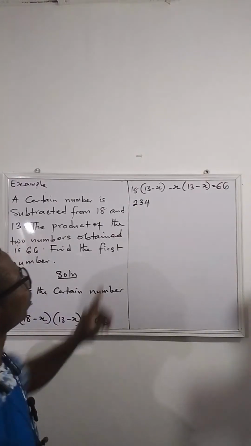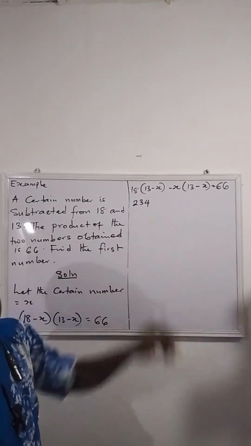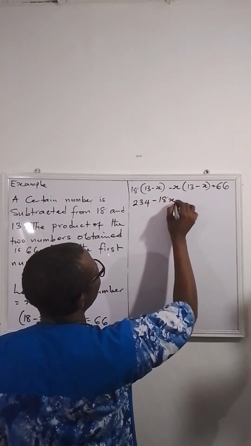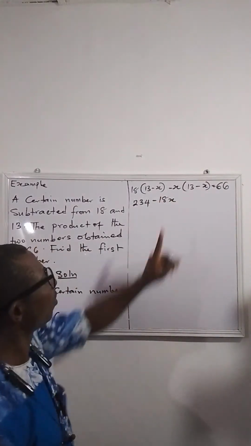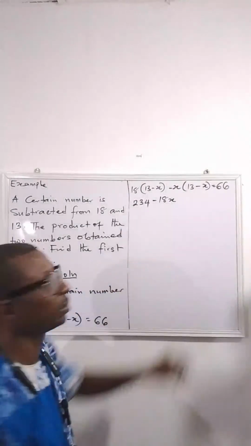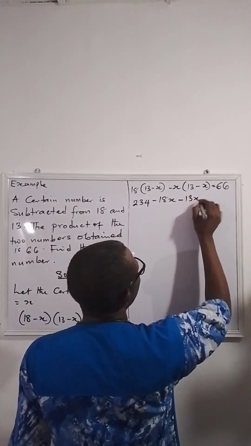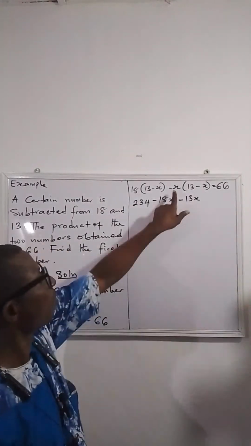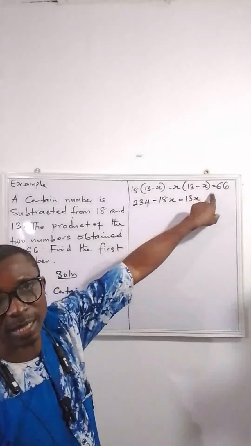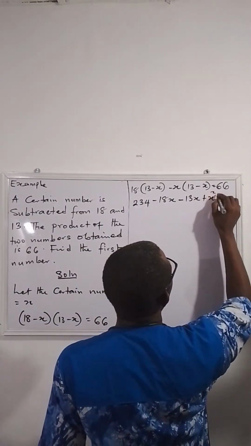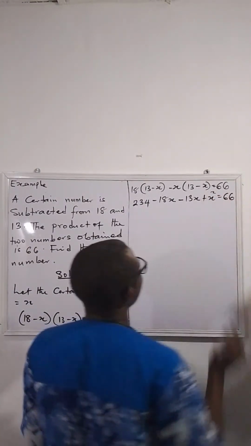Now we have 18 times minus x, that gives you minus 18x. Minus x times 13 gives minus 13x. Minus x times minus x gives plus x squared, equals 66.